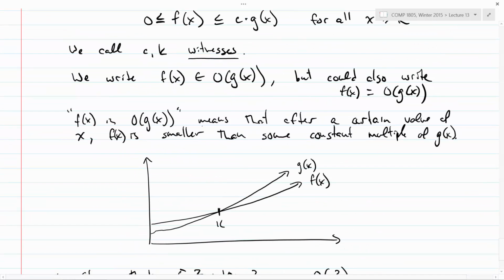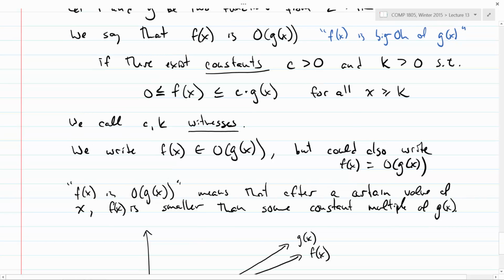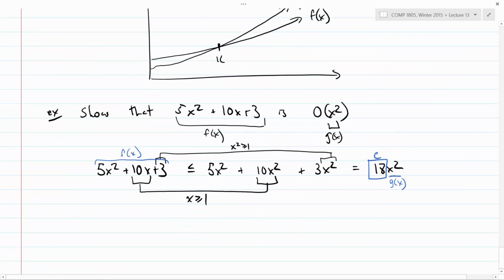So the last thing I need to do is figure out what my value of k is. So k, remember, I need this inequality to be true for all x at least k. And I already have some restrictions here. I know that x has to be at least 1, and I know that x squared has to be at least 1. So if I say that x is at least 1, then both of those are true. Right? If x is at least 1, then x squared is at least 1. So both of those are true.